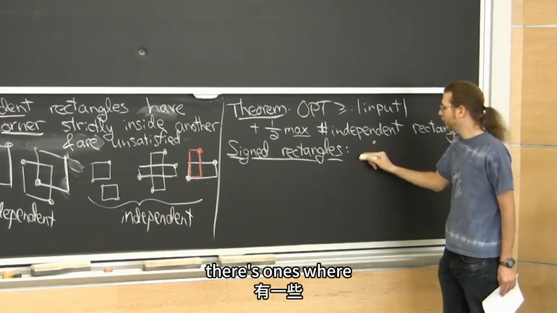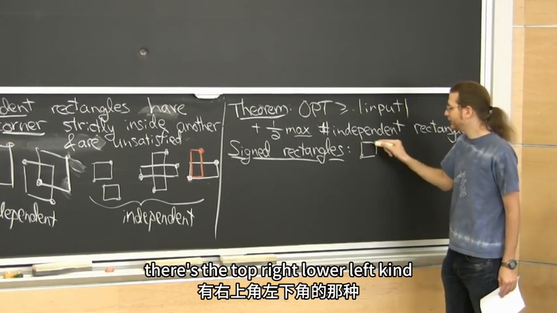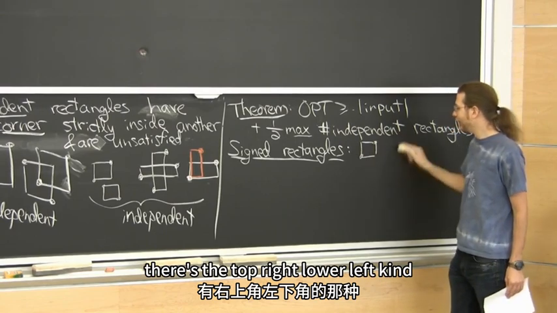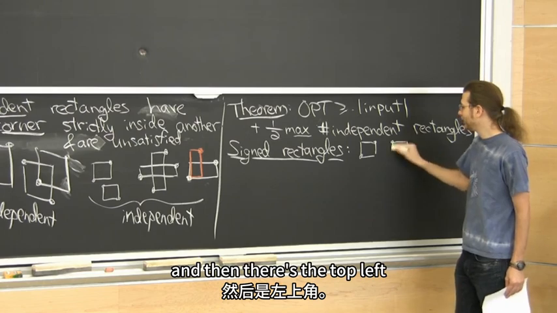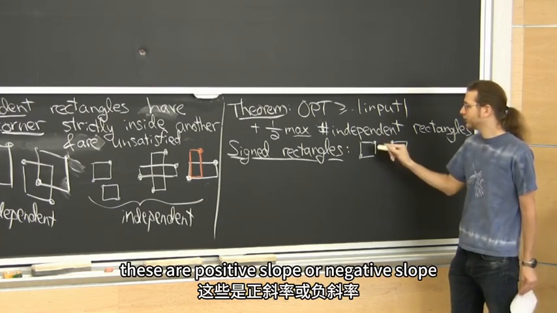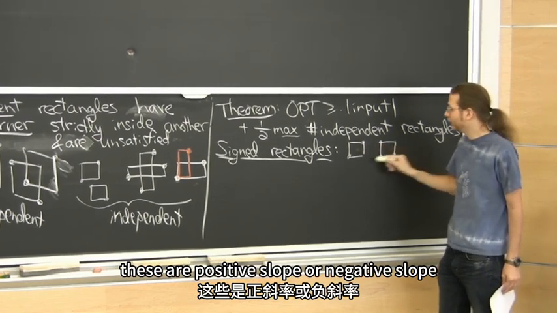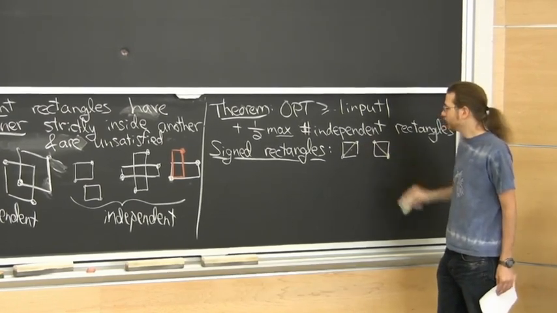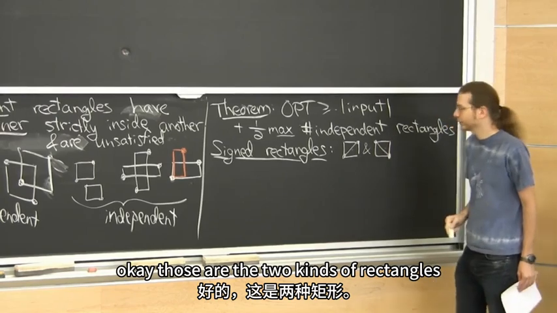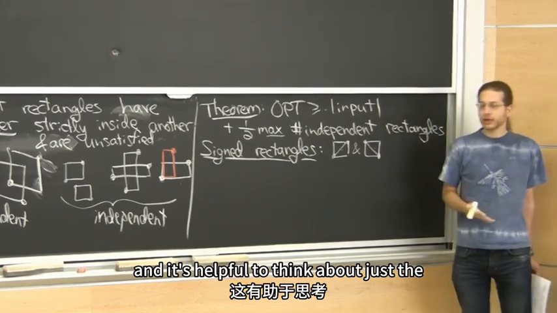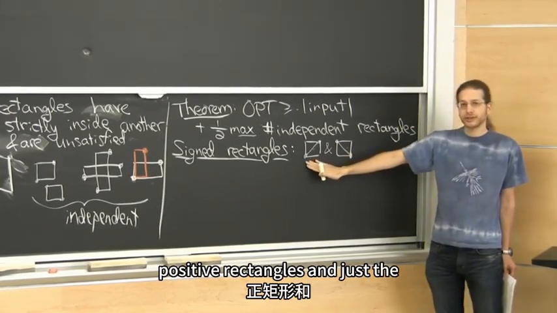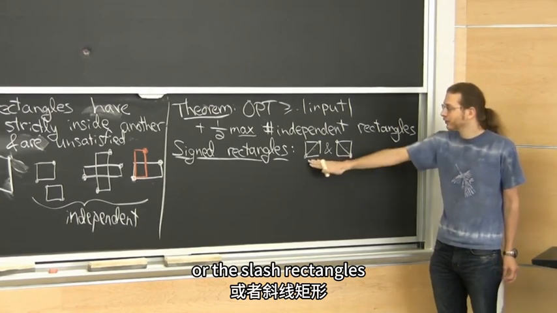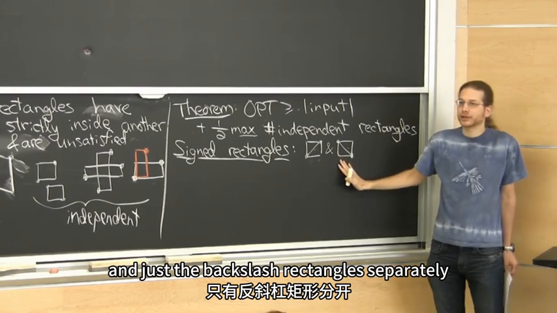There's ones where there's the top right, lower left kind, and then there's the top left, lower right kind. These are positive slope or negative slope. Those are the 2 kinds of rectangles. And it's helpful to think about just the positive rectangles, the slash rectangles, and just the backslash rectangles separately.